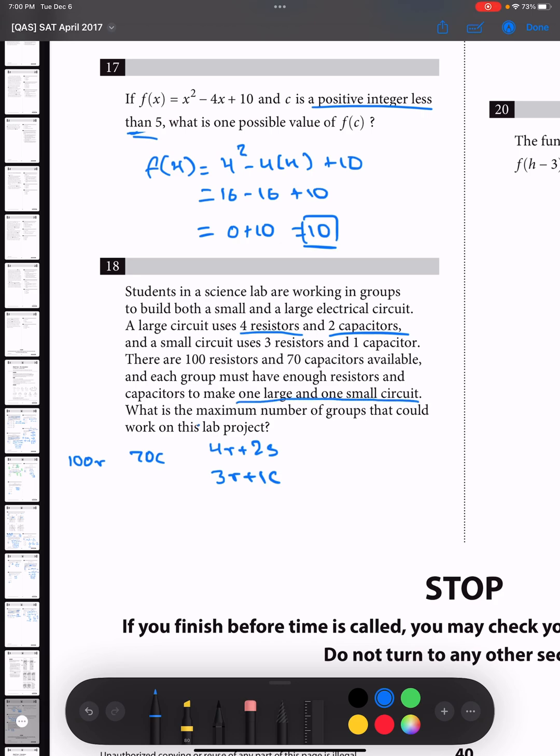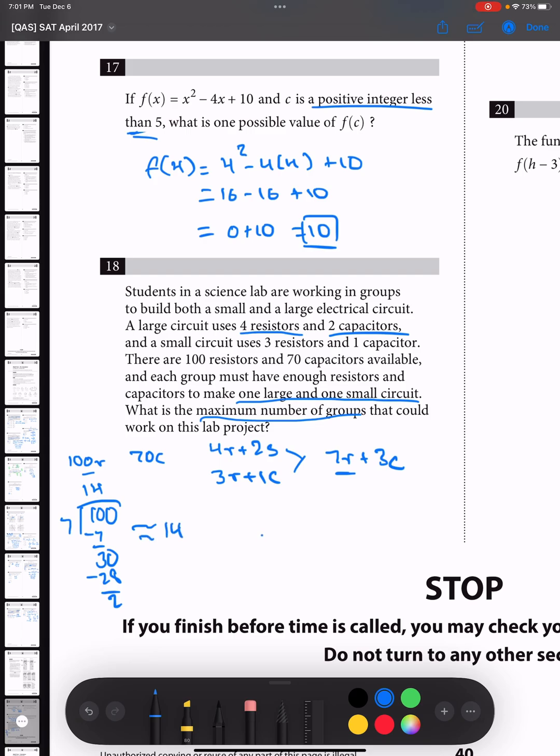So we're trying to find the maximum number of groups. If we add both these together, we're going to get 7r plus 3c. Because we have 7 resistors per group, we're going to do 100 divided by 7. 7 times 14 is 98, so that's approximately 14 groups.